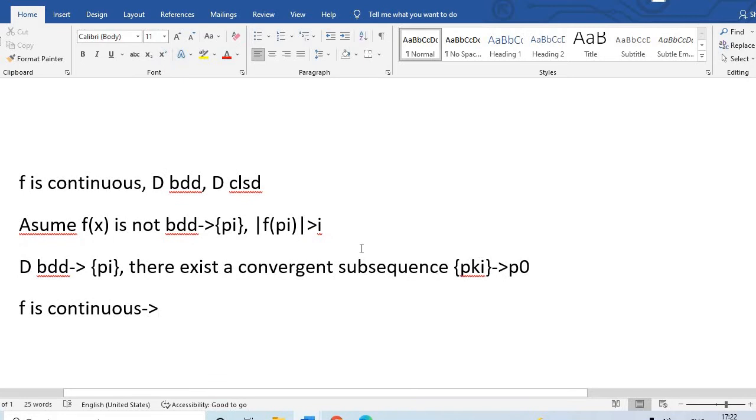Since pki converges to p naught and f is continuous, f of pki converges to f of p naught.